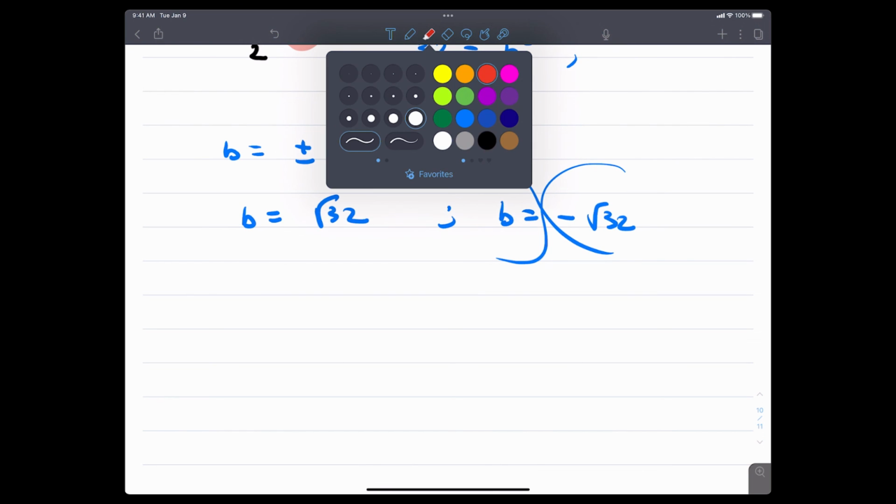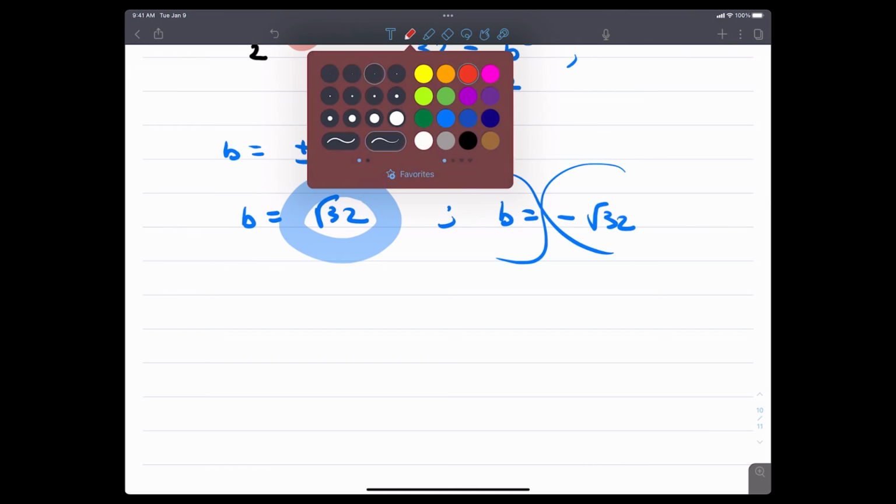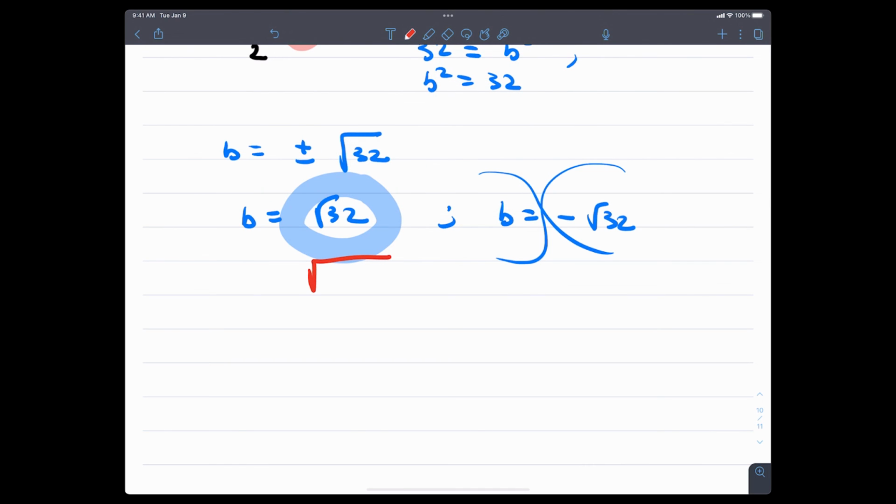But square root of 32 is really what? Largest perfect square that goes into 32, isn't that 16? And then you have what? Square root of 16 times square root of 2, isn't that 4 square root of 2?